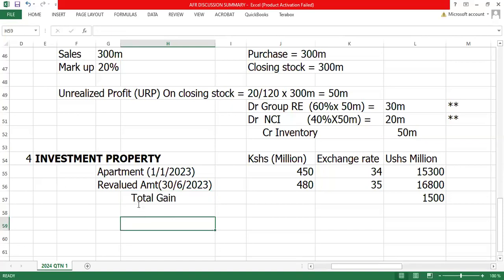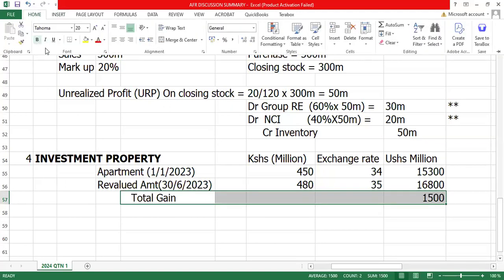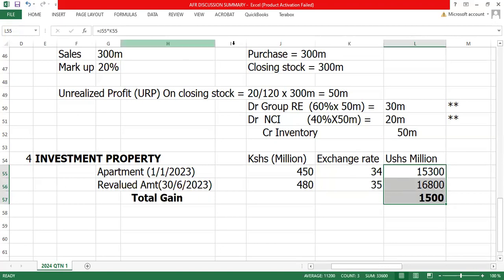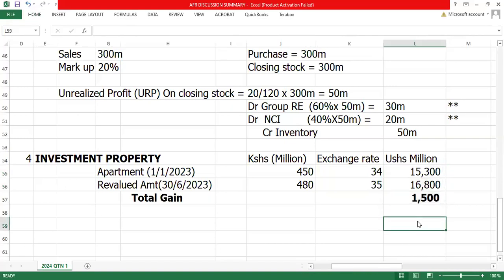Don't rush to call it a revaluation gain. This is just the total gain. But this total gain comprises two things: revaluation gain, and the foreign exchange gain or foreign exchange loss.